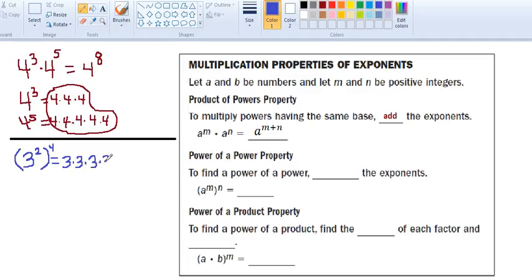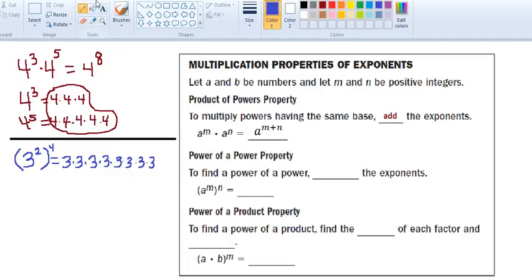Here's another 3 times 3. Here's another 3 times 3. And another 3 times 3. So what we've got is we've got it 4 times: 1, 2, 3, 4 times. So the relationship looks like this. There are 8 total 3's there.